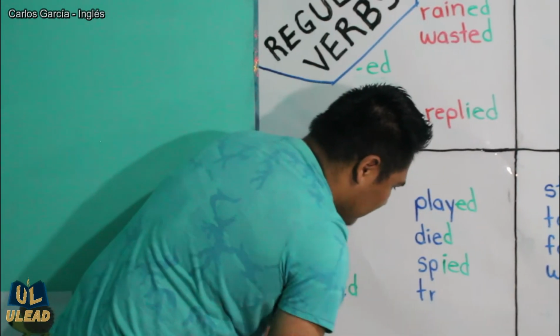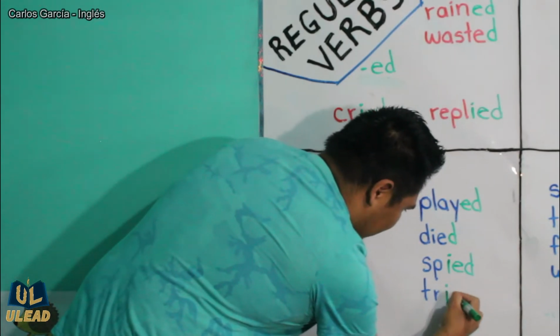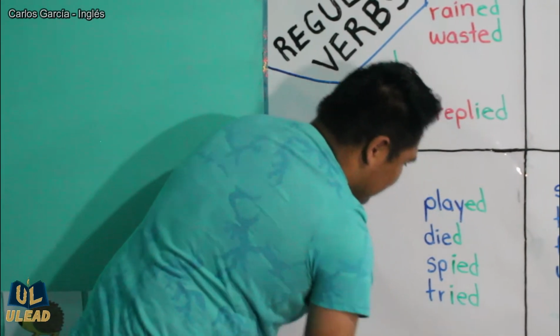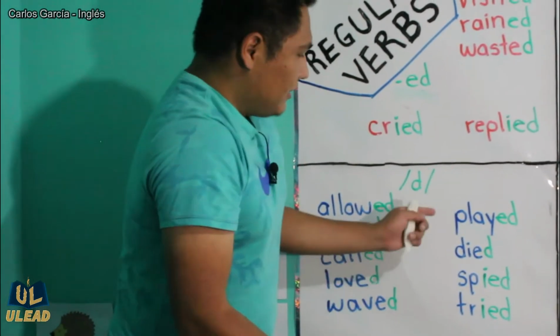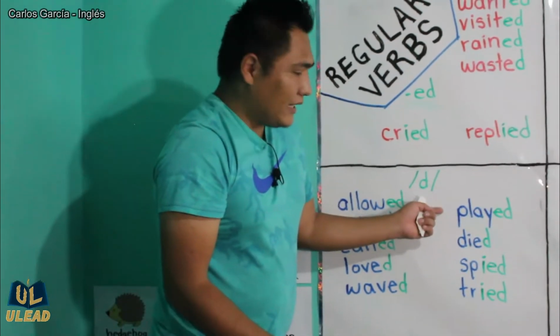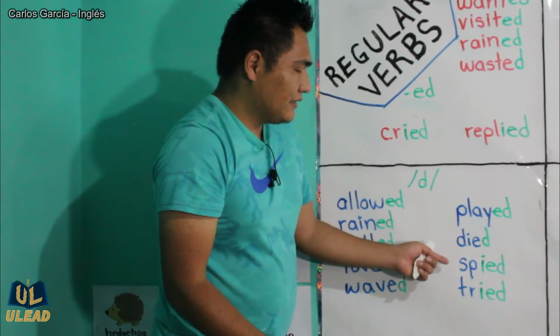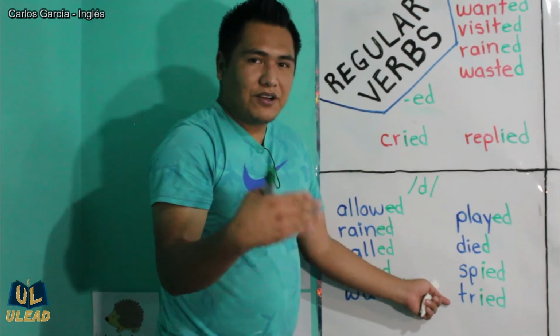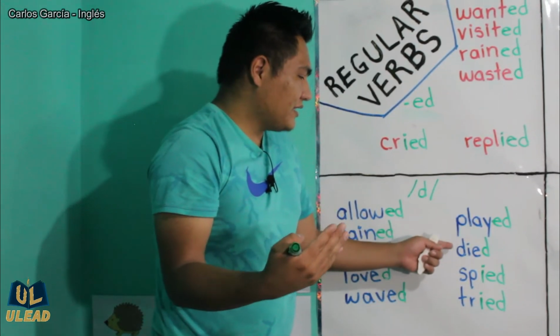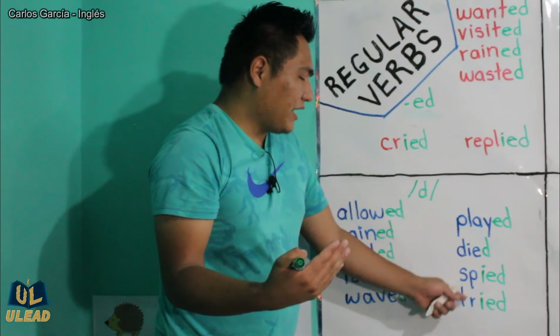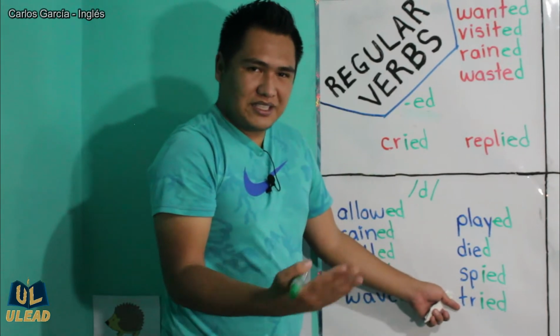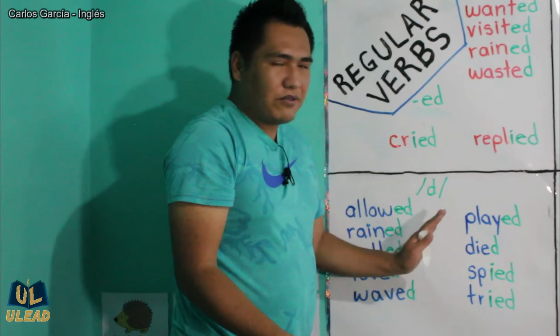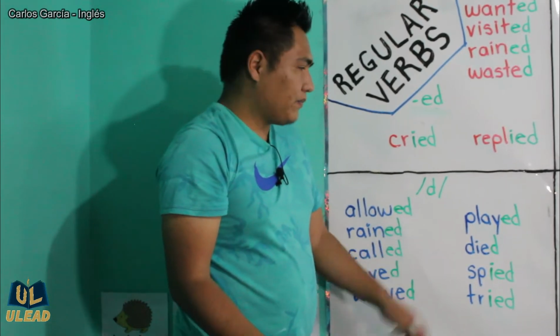Try, I replace the y for I and add the ed form. So it's played, died, spied, tried. Okay, avoid saying things like play it, die it, spy it, try it. No, that is incorrect. So be careful when you use this form.